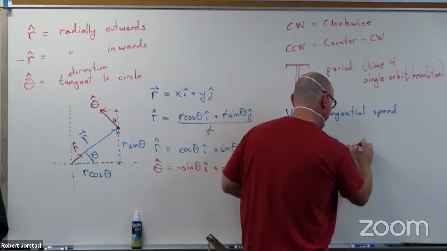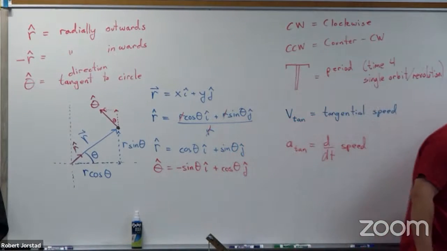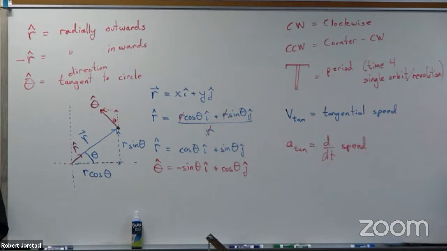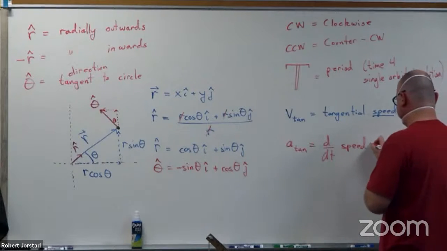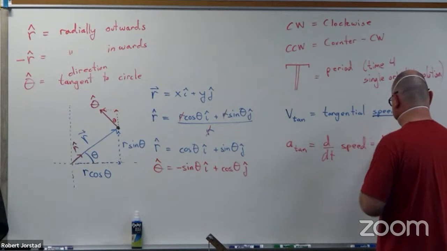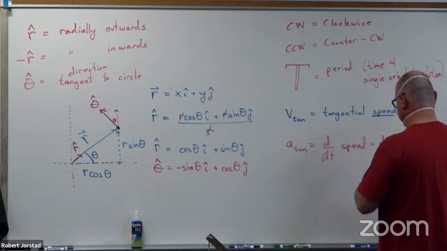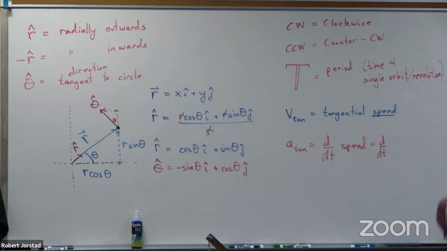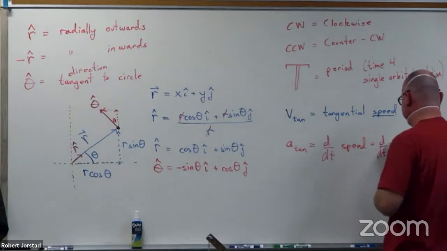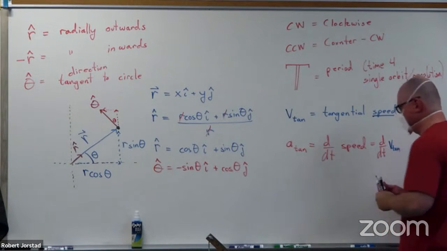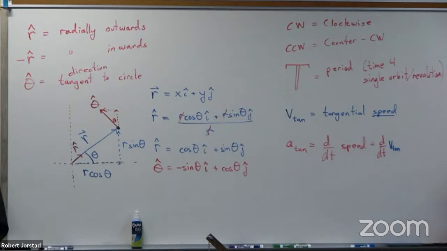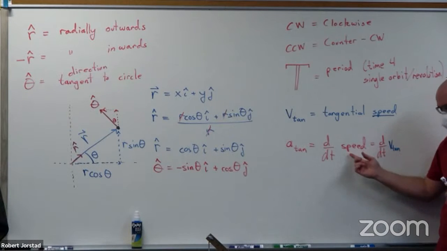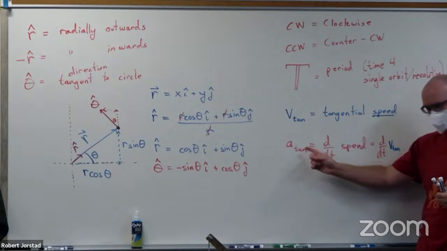I'm not even going to say the vector. Notice, let's underline these words, speed, okay? And this is very subtle. If your speed is constant, there's no a_tangential.